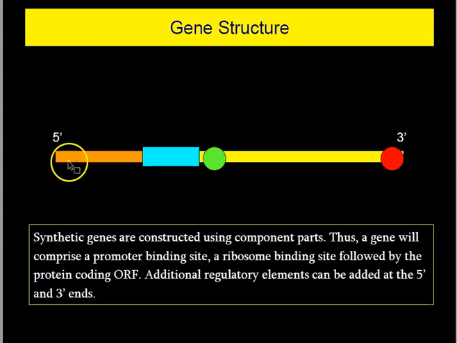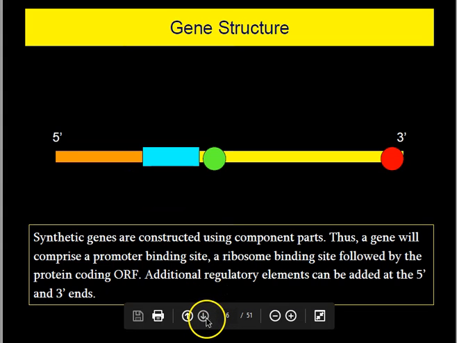And this promoter binding site is specifically regulated by the presence or absence of sugar molecules in the bacterial culture medium. So when the sugar molecule is introduced into the bacterial culture medium, this gene will be turned on. In the absence of the sugar molecule, the gene will be in the off state. So this is just one example whereby you can utilize synthetic biology in terms of the sensing abilities.